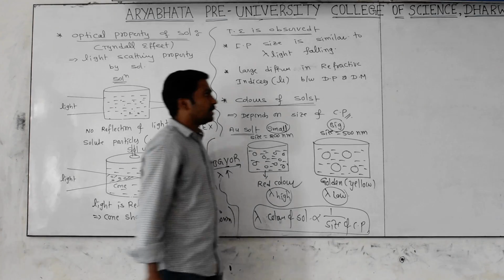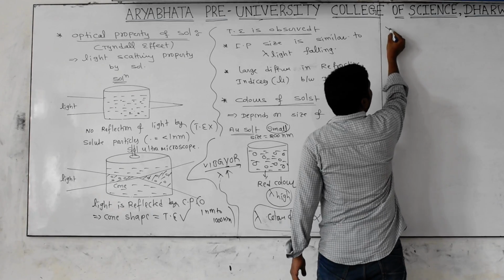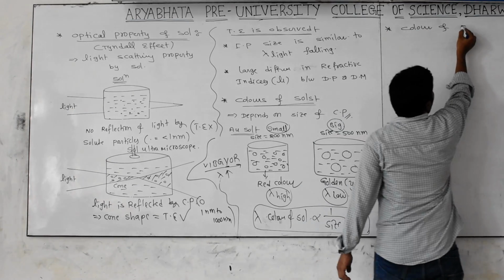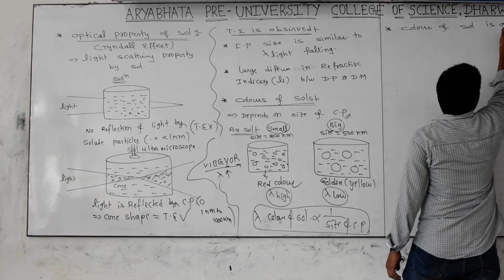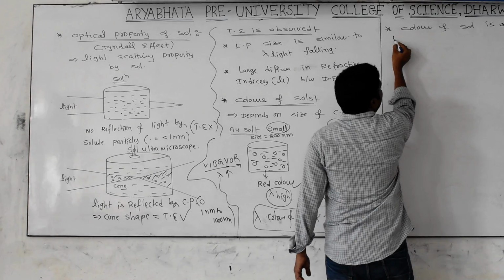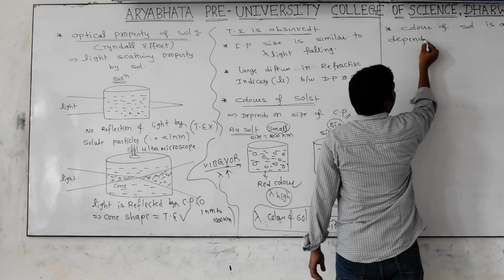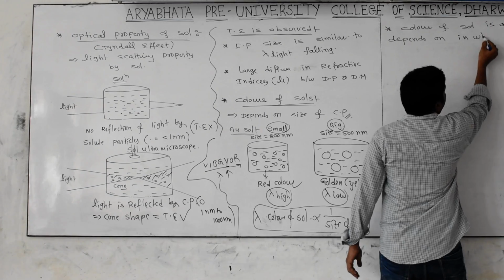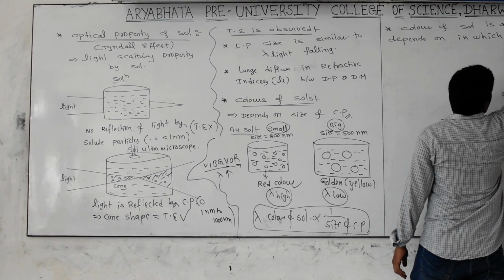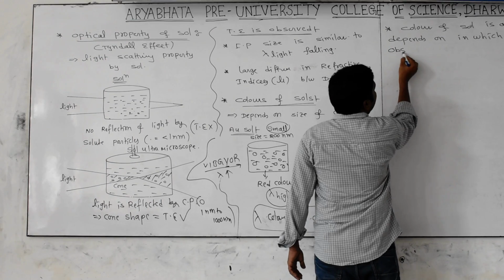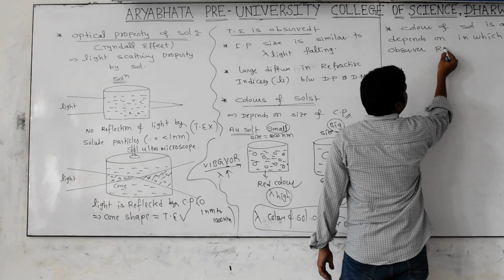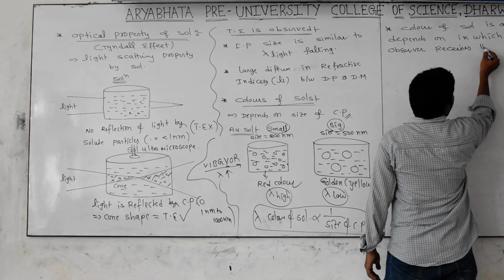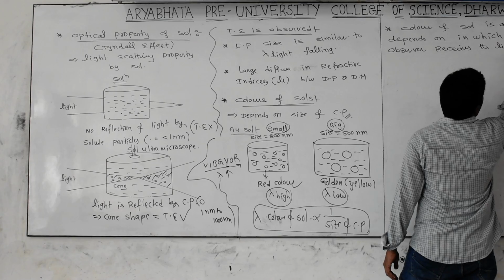I explained very clearly. One more point I want to tell here: the color of the sol also depends on the way the observer receives the light from the sol.